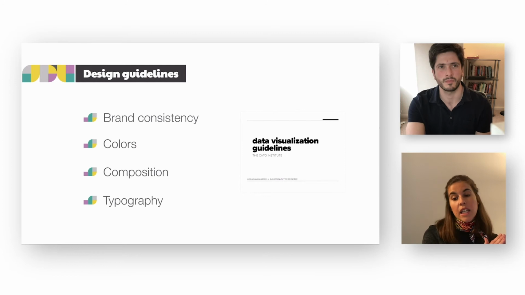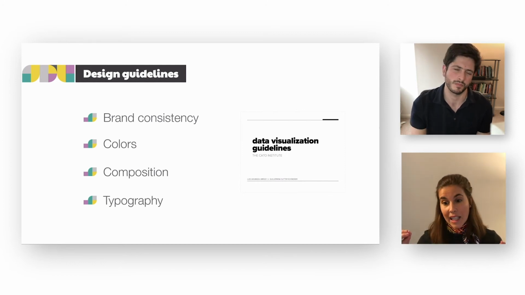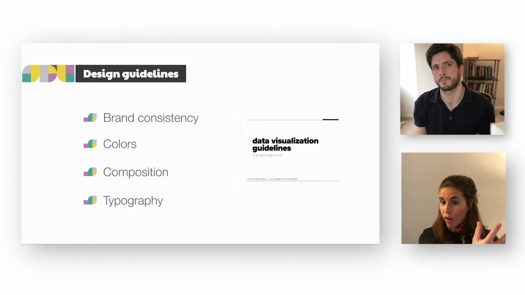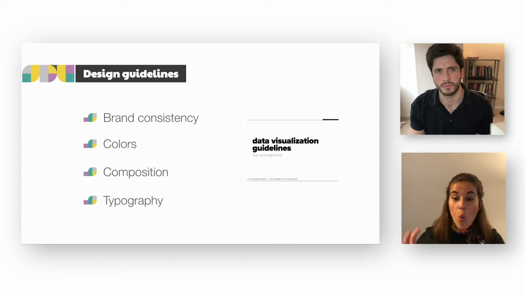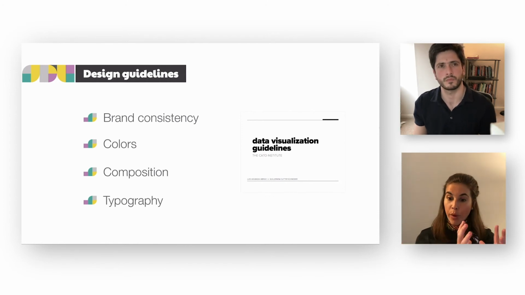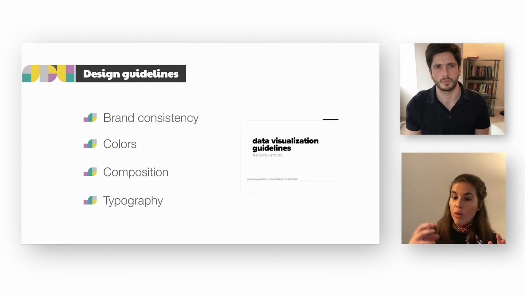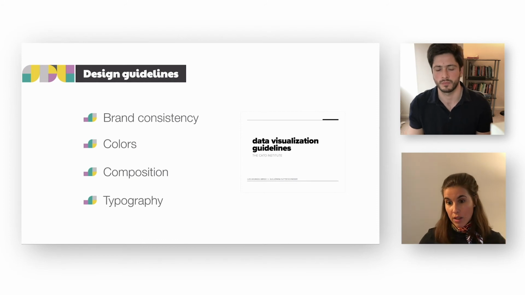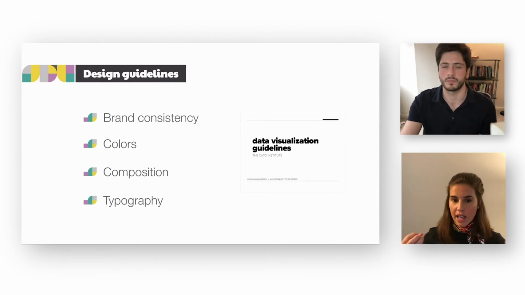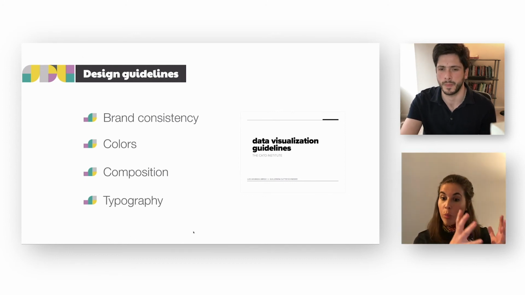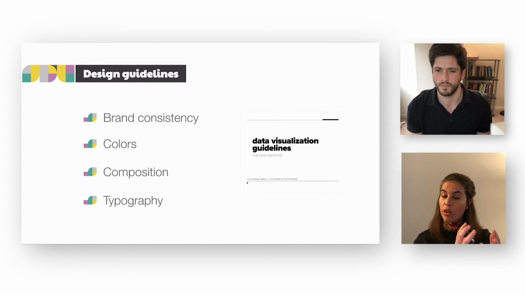Try to find a set of colors or a color palette that goes well with your logo, with your website. And once you have that whole brand built, then move forward and work with the data visualization guidelines, because ultimately your guidelines are going to be linked to that whole brand, the image, the look of your organization.